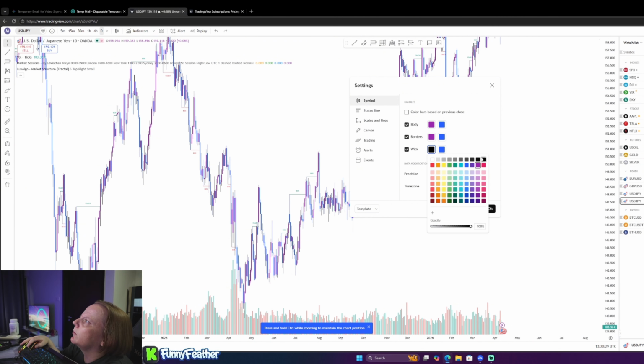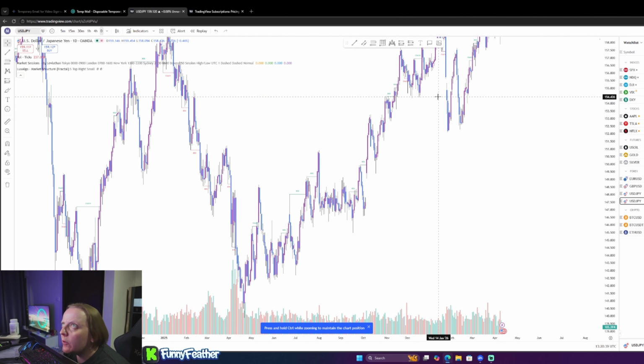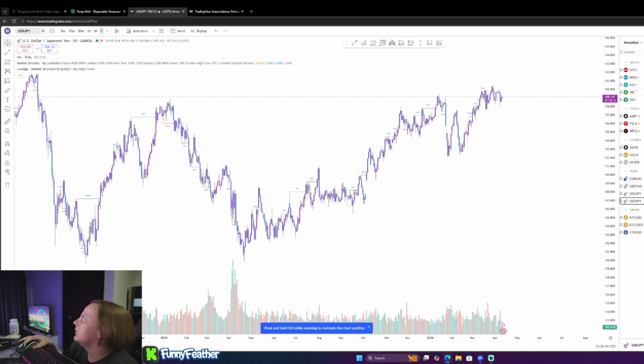Okay, let's make the wicks black. So you can basically customize it how you feel, how it works for you. All right, so that is basically the setup of TradingView.